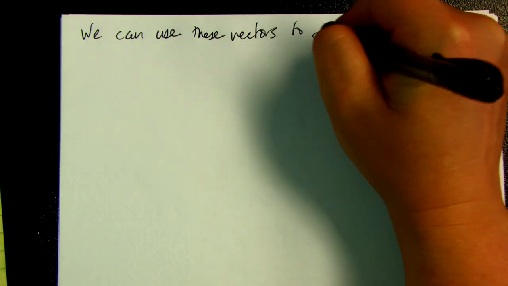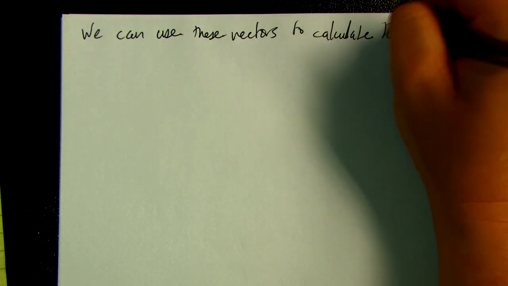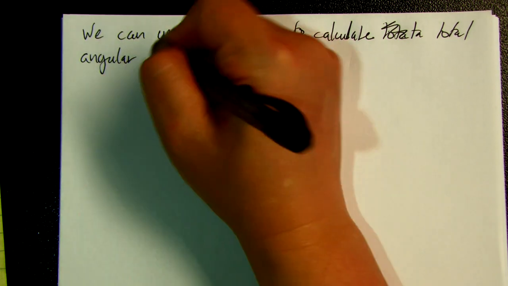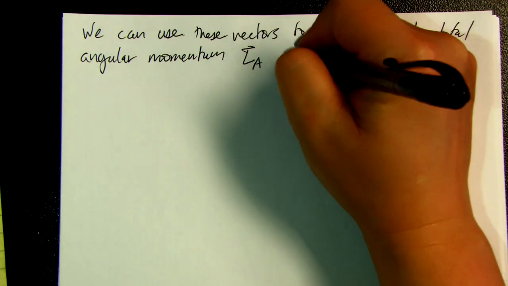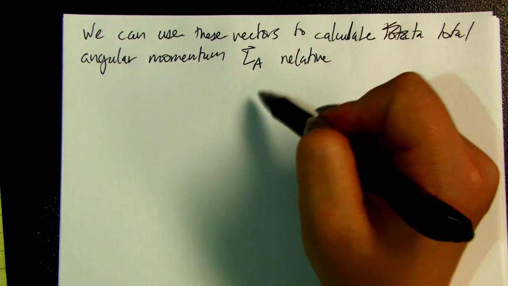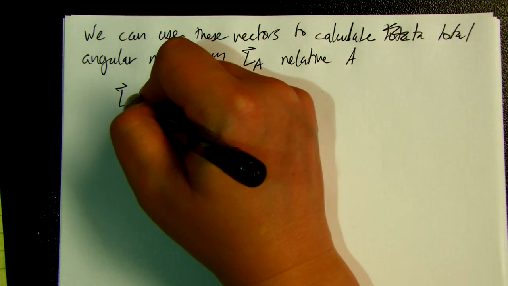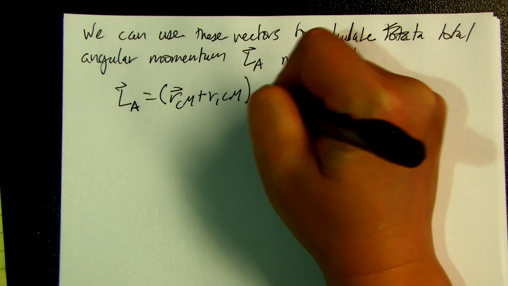So we can use these vectors to calculate total angular momentum. So total angular momentum, this would be capital LA, and this is all, of course, relative to that position A. So LA is equal to RCM plus R1CM crossed with momentum 1.